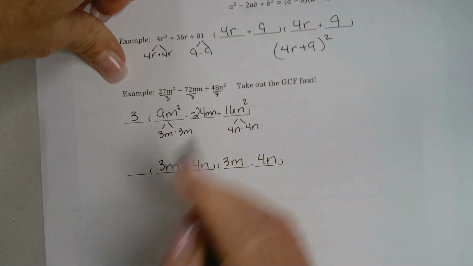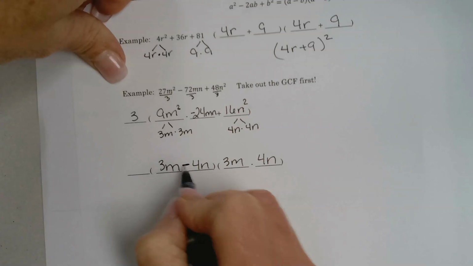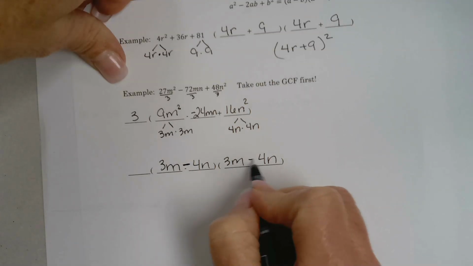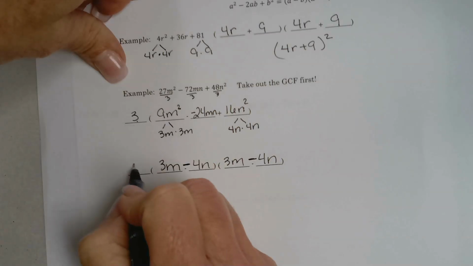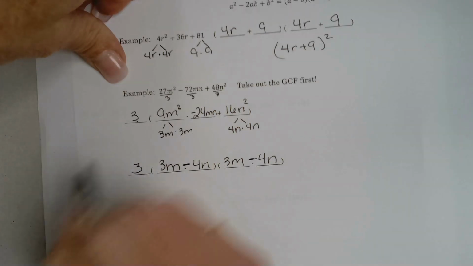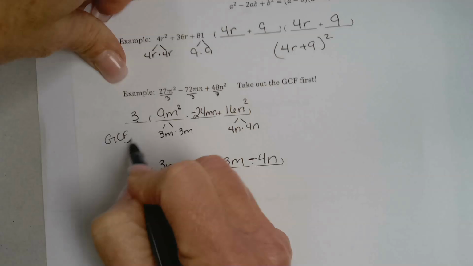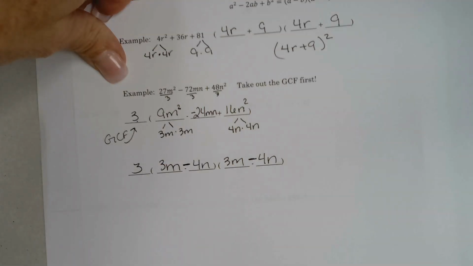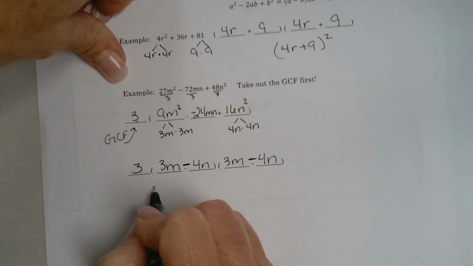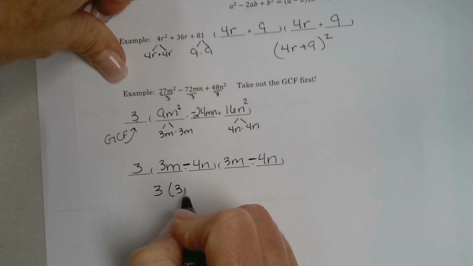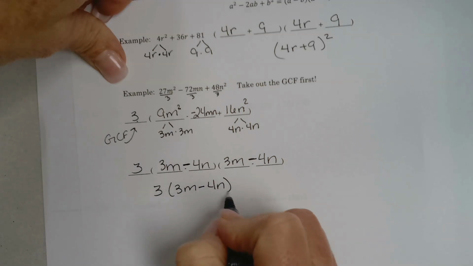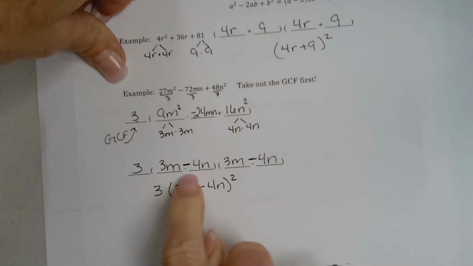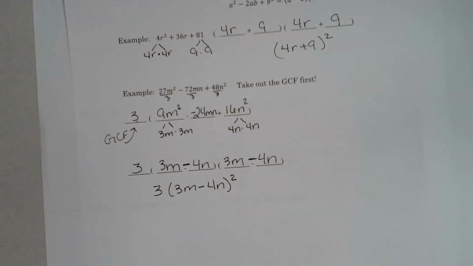Remember, they're perfect squares. We've got a minus sign and a minus sign. And then our coefficient in the very front, our greatest common factor, our GCF, we can't forget about it when we're finishing this up. Then we can write our final answer down as 3 times 3m minus 4n squared, because our two sets of parentheses are identical. They are the same thing.